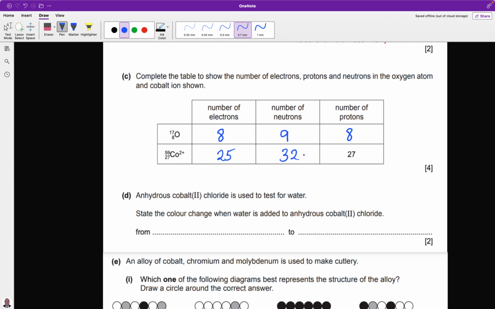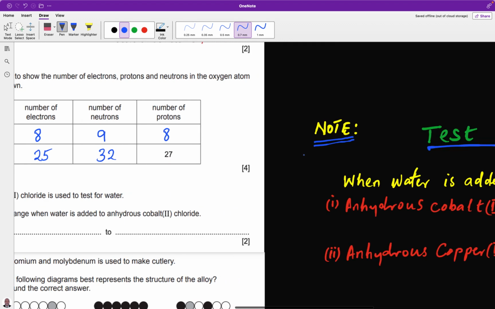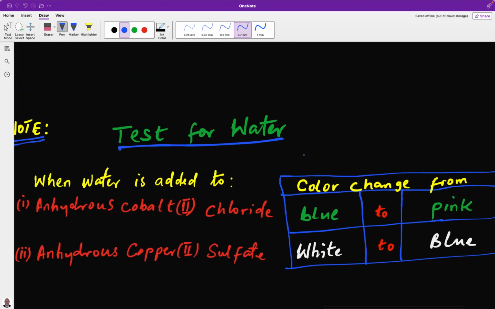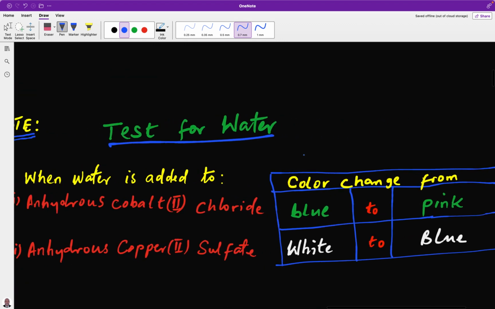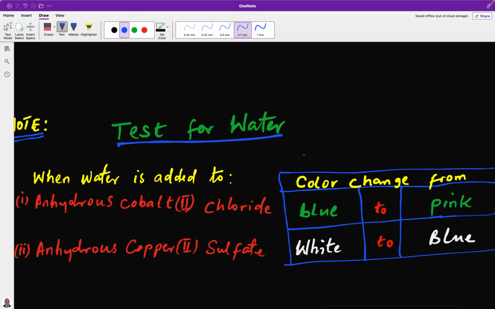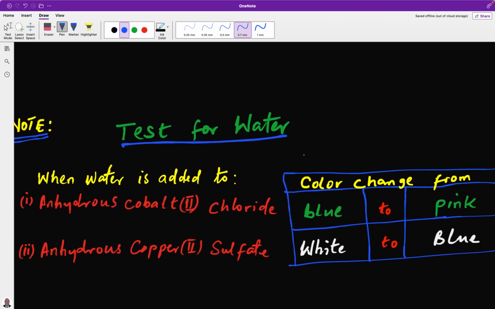Once more, before we come to our answer, for the purpose of revision, I want you to watch this. This is just a summary which I have made for you. Test for water. There are 2 tests for water. The first one is when we use anhydrous cobalt 2 chloride to test for water, and the second one is anhydrous copper 2 sulfate.